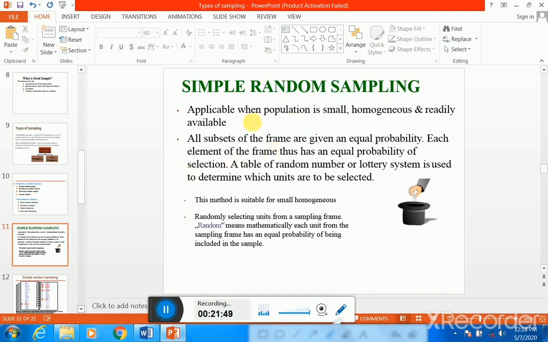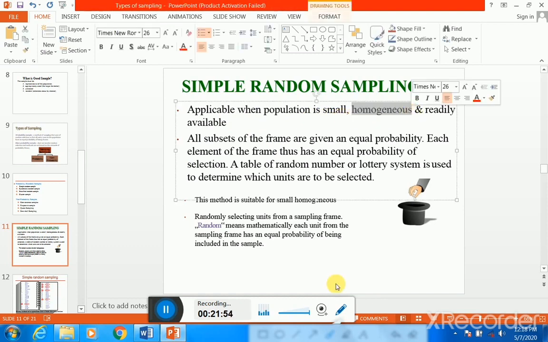Then the point: it is applicable when the population is small and homogeneous. What does homogeneous mean? Homogeneous means the same, almost identical. For example, select a group of 15 students, and suppose all of these students have 80 plus marks.